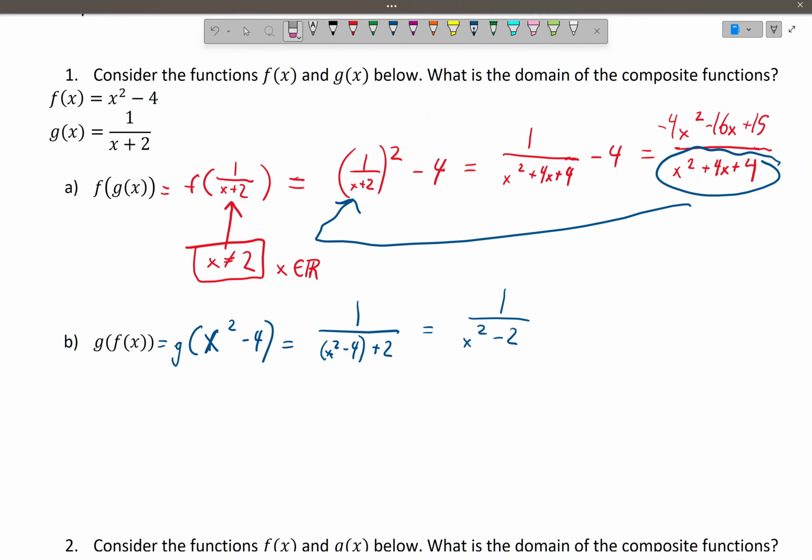So in this case, the restriction may be a little bit less clear, but it is a difference of squares. It's just not a square. We'd have to square root it. So we're going to have that on the denominator, and so x cannot equal plus or minus root 2.